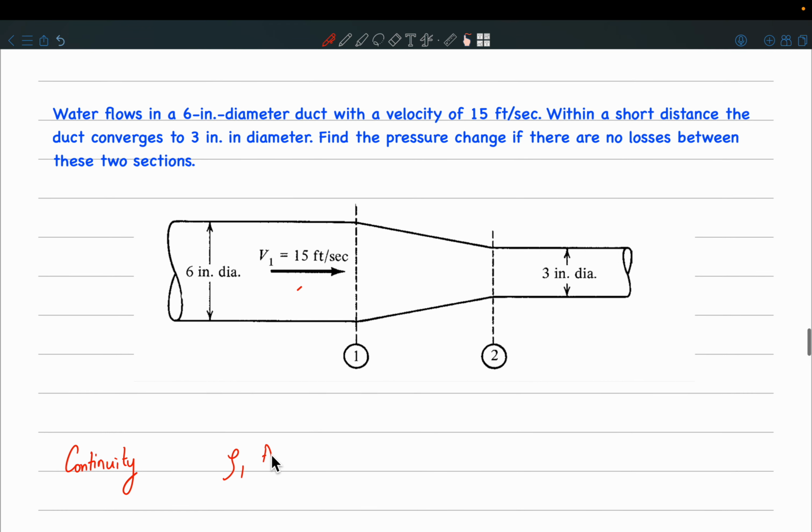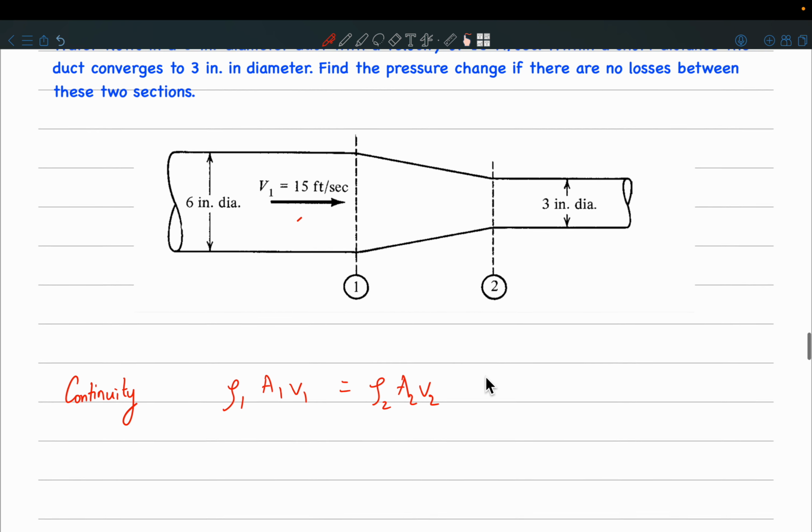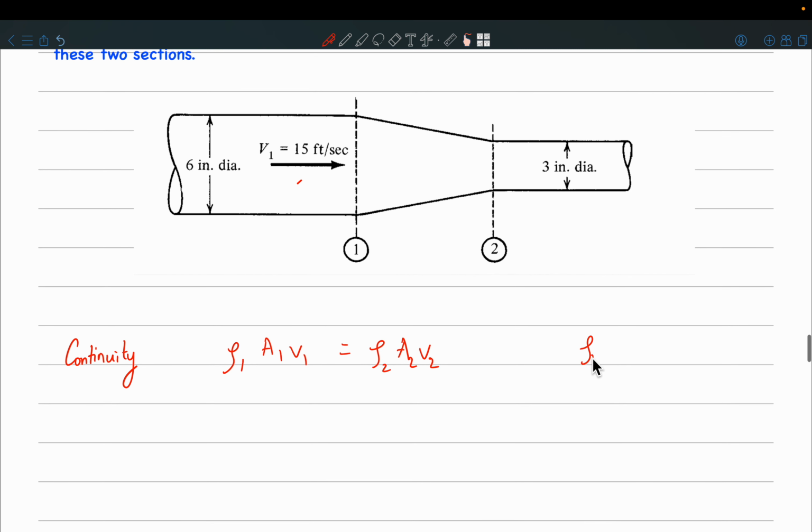Rho 1 A1 V1 is equal to rho 2 A2 V2, right? So will you take density as constant or not? Yeah, we have to assume density is constant, so I'll just let rho 1 equal rho 2. So what is V2?